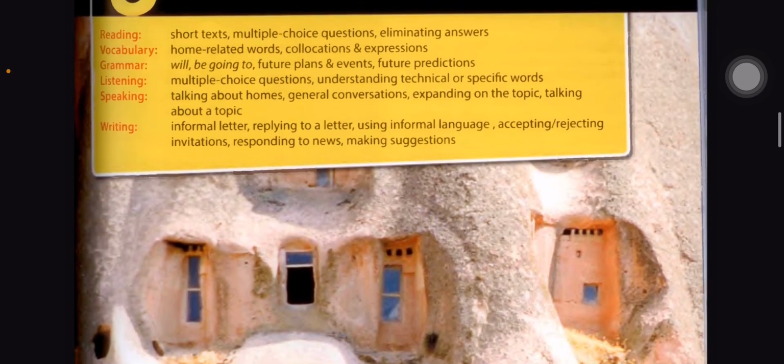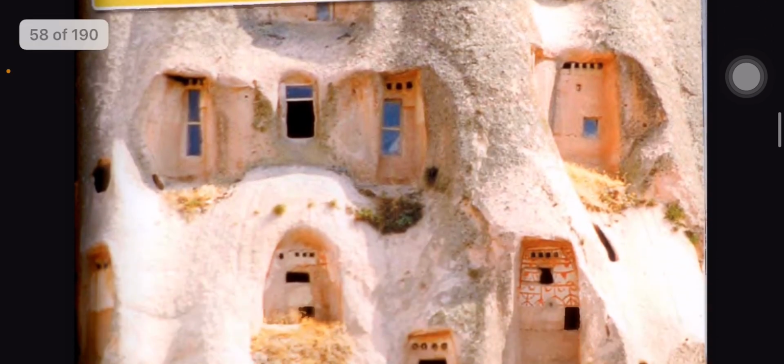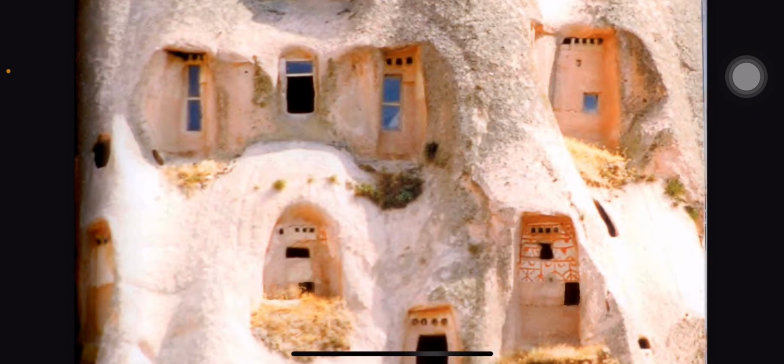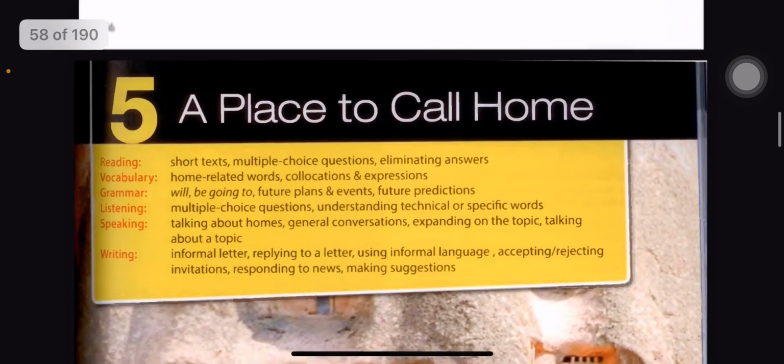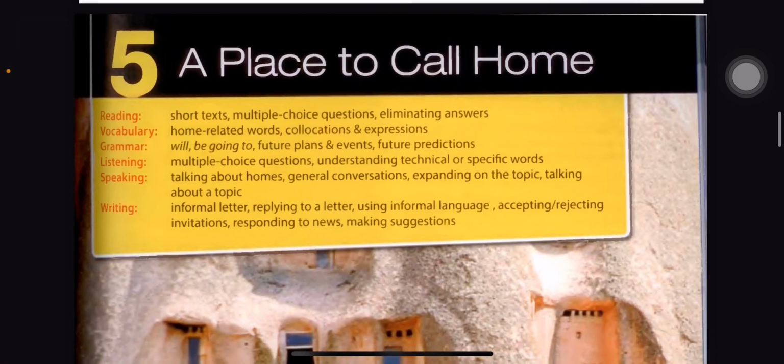You know what is cave? Cave is gua. So, rumah-rumah ni dia buat dalam gua. So, for this Unit 5, A Place to Call Home, maksud dia tempat yang kita panggil rumah or tempat tinggal.